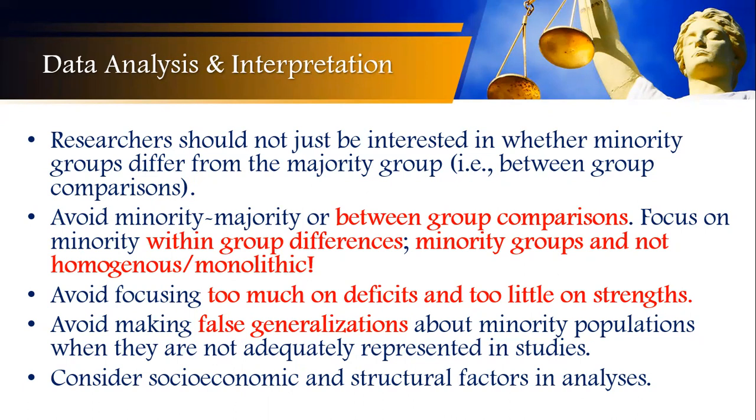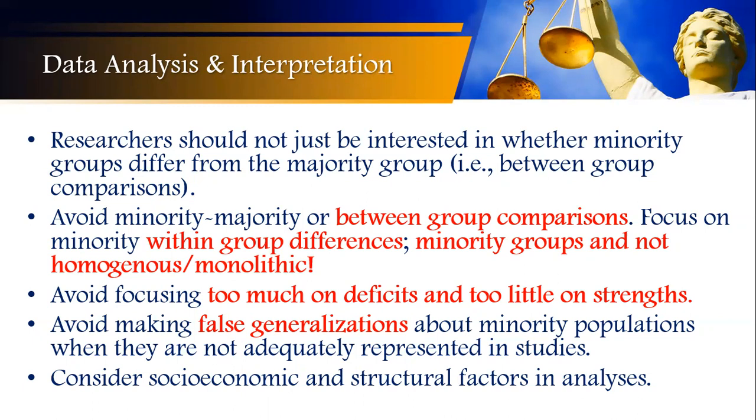We also want to consider socioeconomic and structural factors in analyses. So this is what we were talking about when we were discussing the issue of decontextualized data. Anytime we're studying racial ethnic minority groups, we want to always take into consideration structural factors, because we know that there are various factors within the structures of society that often shape the experiences of minority and oppressed groups.